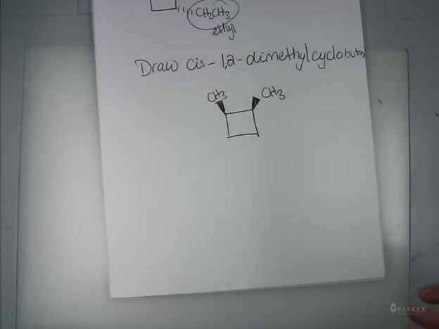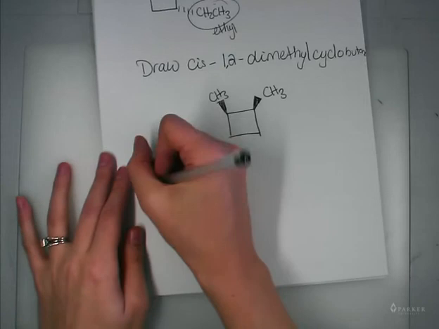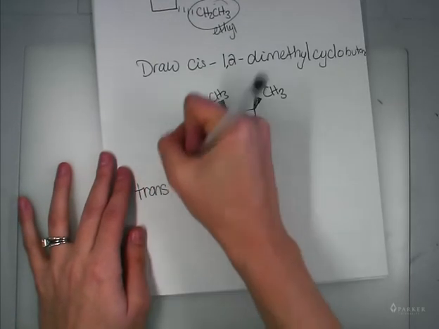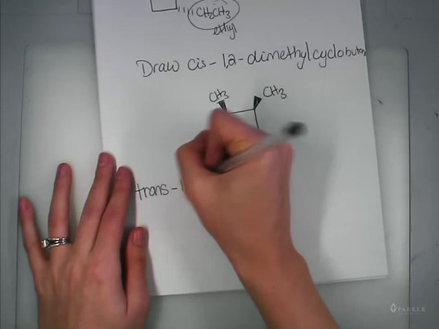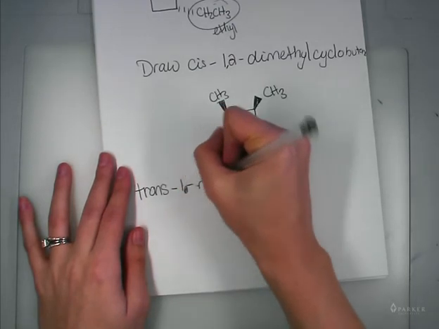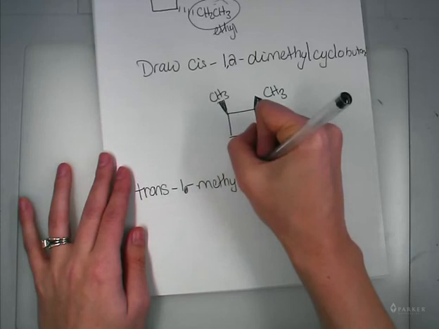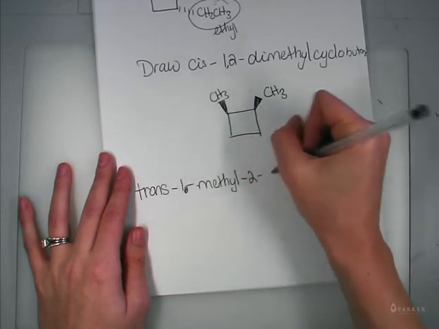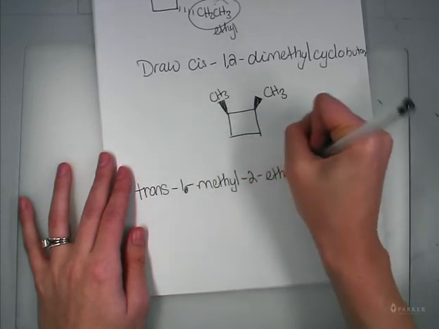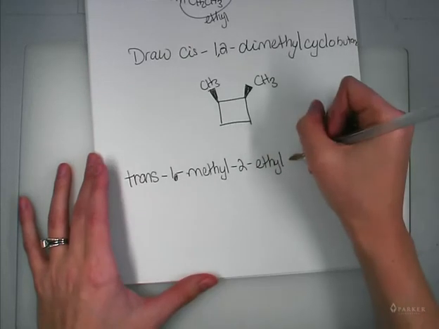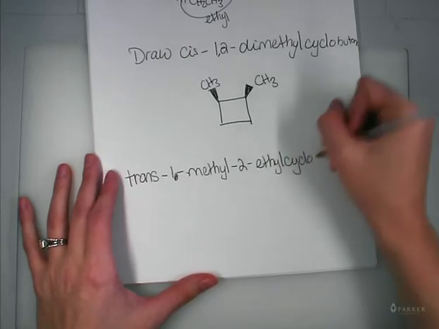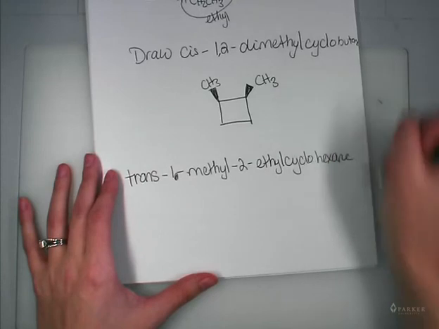So let's look at an example of that. Let me just make one up. Let's do trans-1-methyl-2-ethylcyclohexane.